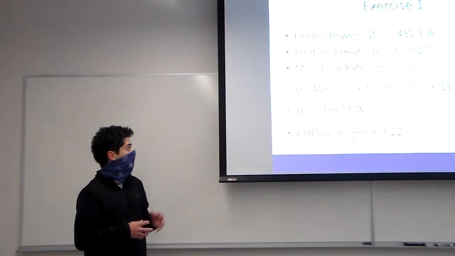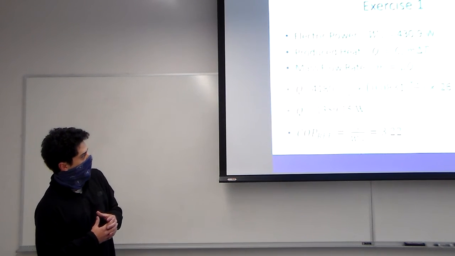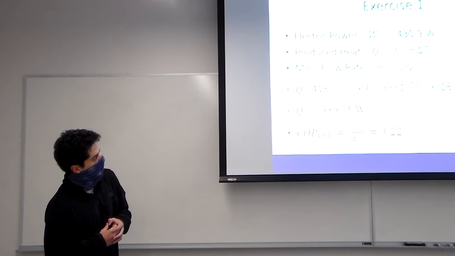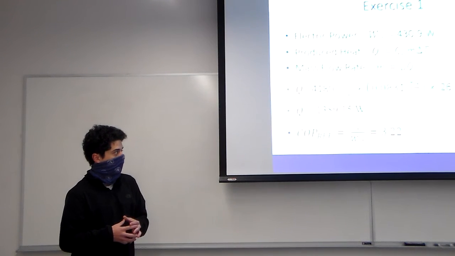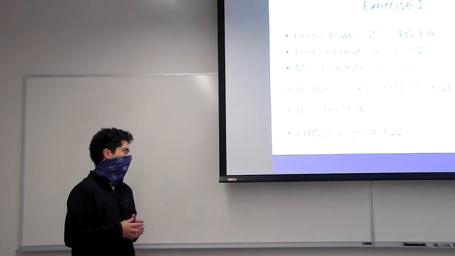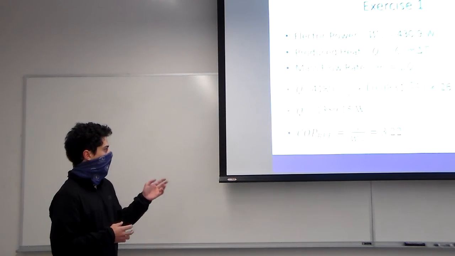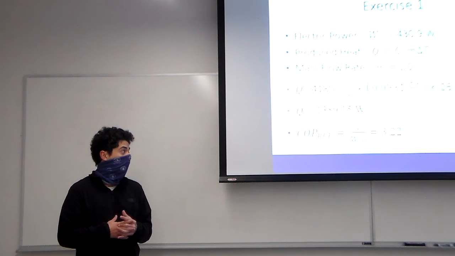So you get Q dot equals 4,180 joules per kilogram Kelvin, which is the specific heat, times 0.0831 kilograms per second, which is mass flow rate, times 4 degrees Celsius, which is the temperature change. And you end up getting a value of 1,389.15 watts. And whenever you divide the heat divided by the work, you get a coefficient of performance of 3.22.